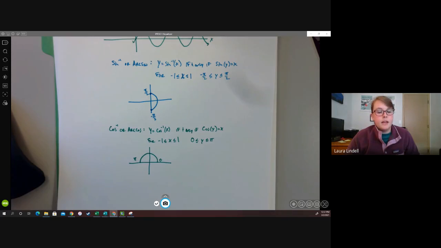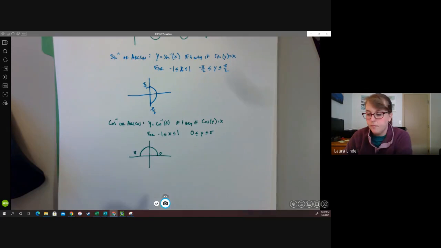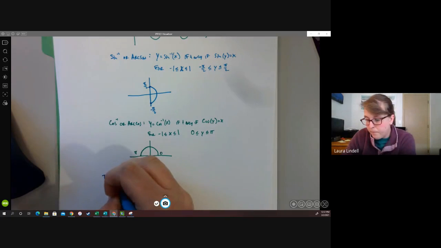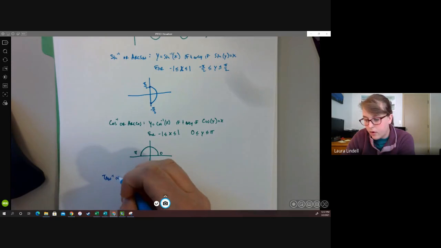Okay, and then tangent, we also restrict a little bit differently. So tangent inverse like that, or arctan.